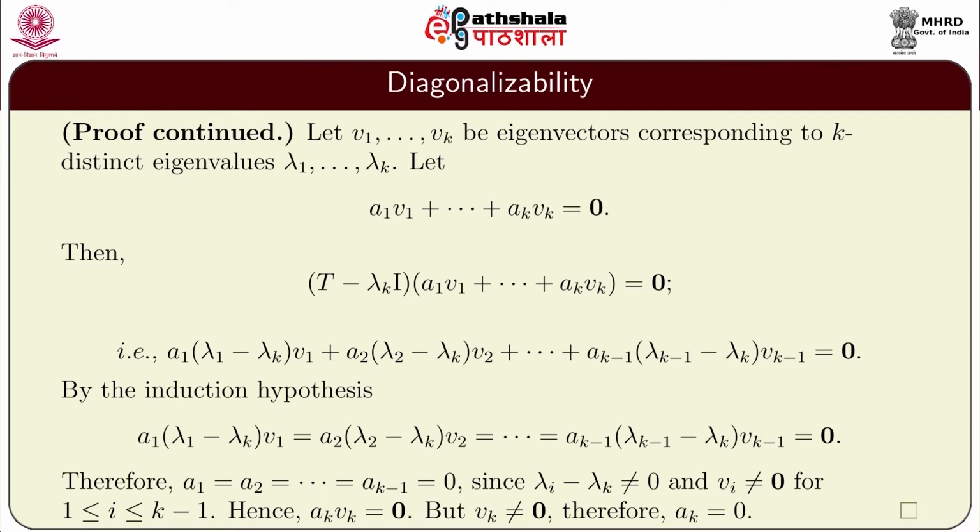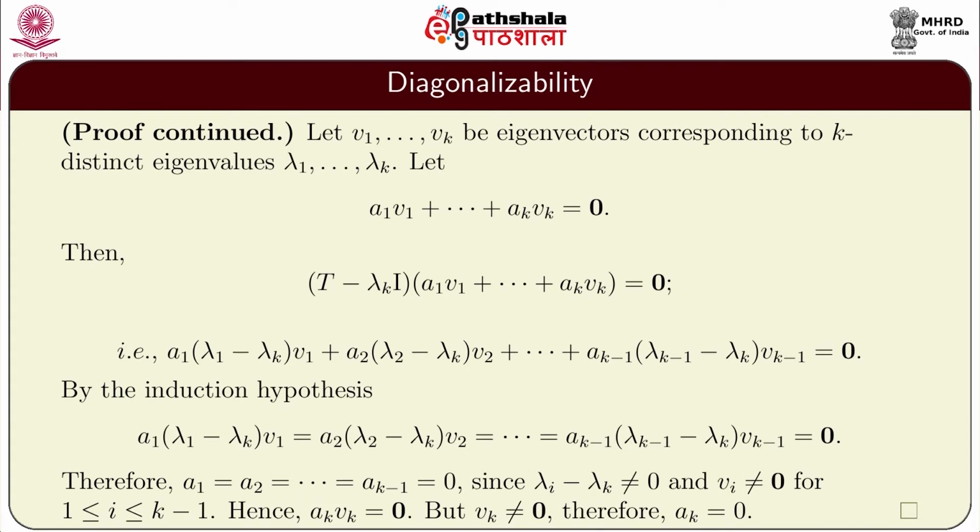Now, we can apply our induction hypothesis on the eigenvectors V1, V2 up to V k minus 1, because they are eigenvectors corresponding to the distinct eigenvalues lambda 1, lambda 2 up to lambda k minus 1, and then we get a1 into lambda 1 minus lambda k, a2 into lambda 2 minus lambda k and so on, a k minus 1 into lambda k minus 1 minus lambda k, all these are 0, and therefore, a1, a2 and up to a k minus 1, they are all 0, because lambda i minus lambda k is not 0 for every i in between 1 and k minus 1.